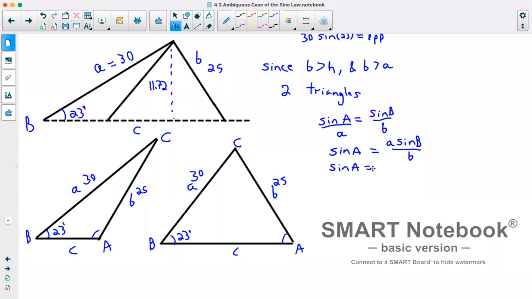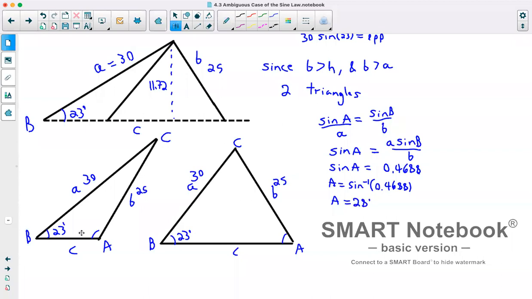So we've got sine of A is equal to side length a, which is 30, sine of 23 divided by 25. So that gives us 0.4688. Now we have A is equal to sine inverse of 0.4688. So we'll take the arc sine, and that gives us 28 degrees.